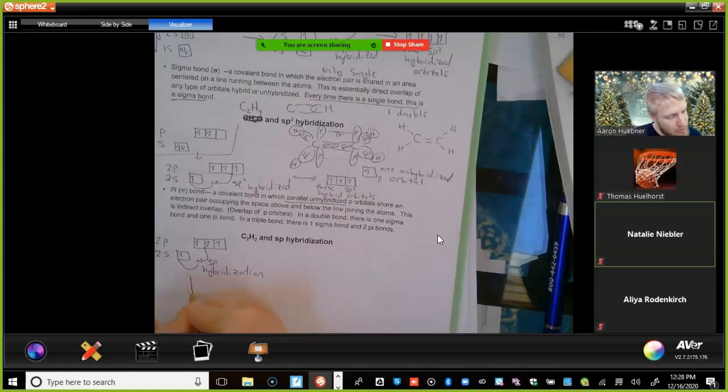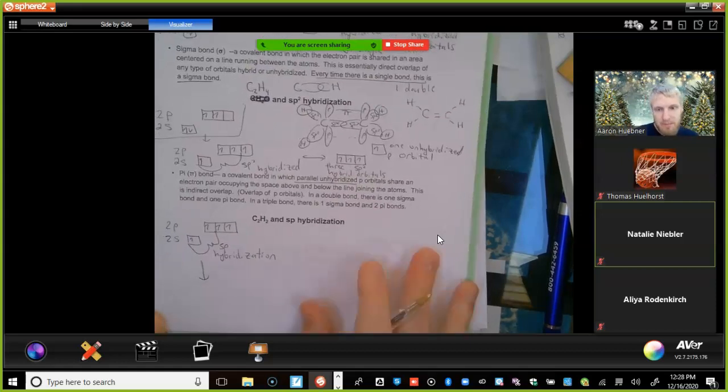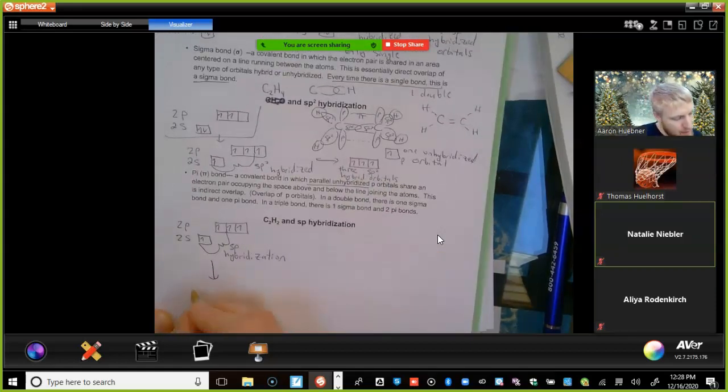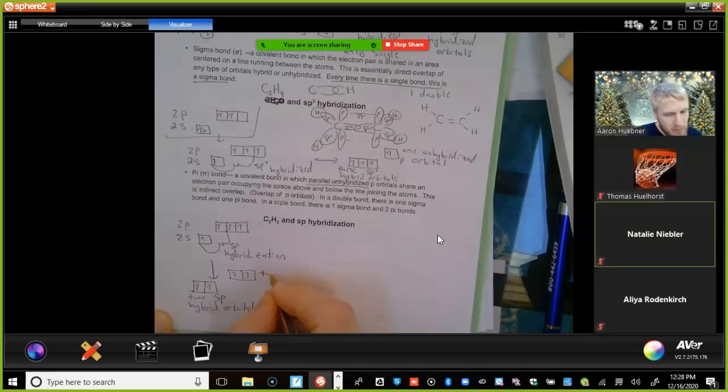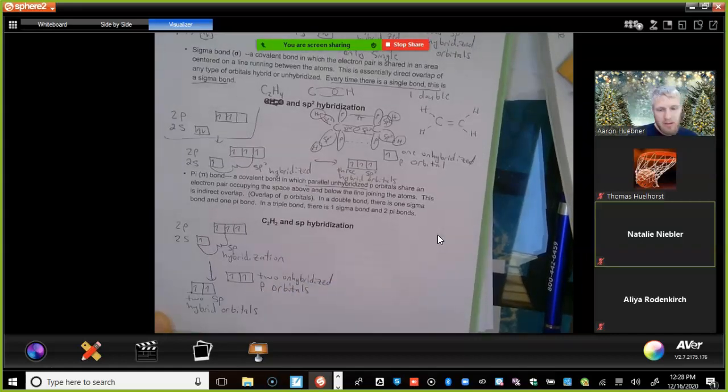So then what we're going to do is move into what it looks like hybridized. This is 2 sp hybrid orbitals, and then you have 2 that are unhybridized. Two unhybridized p orbitals. Alright.